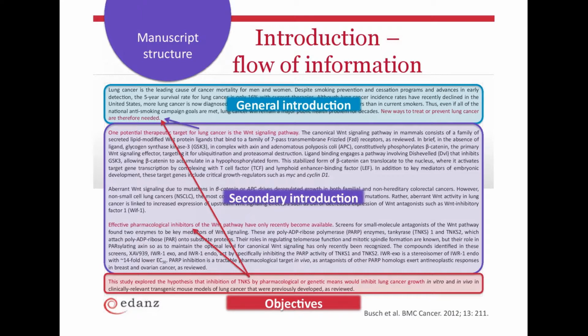This then leads into the secondary introduction, where they say, one potential therapeutic target for lung cancer is the Wnt signaling pathway. And this is directly related to the problem they identified.